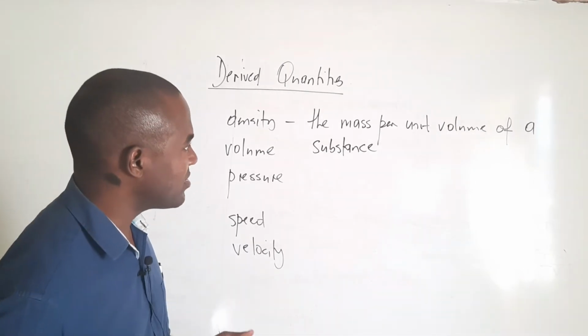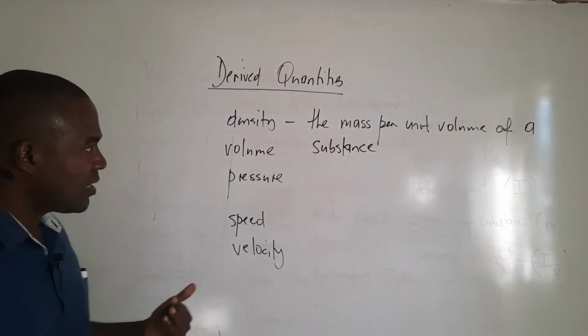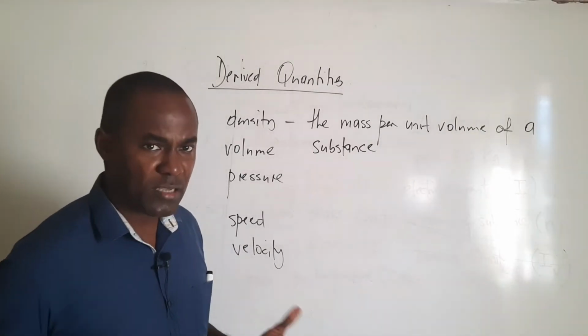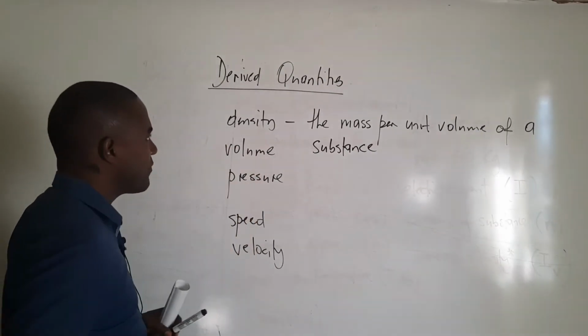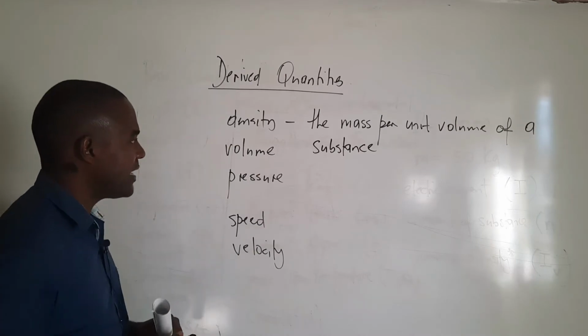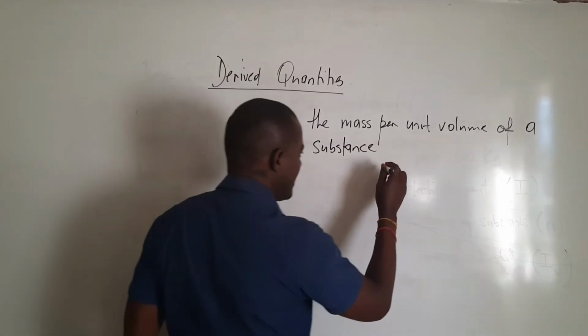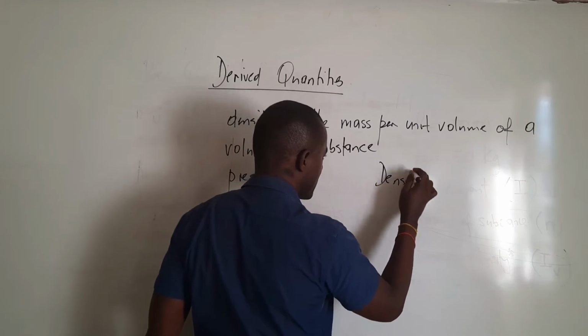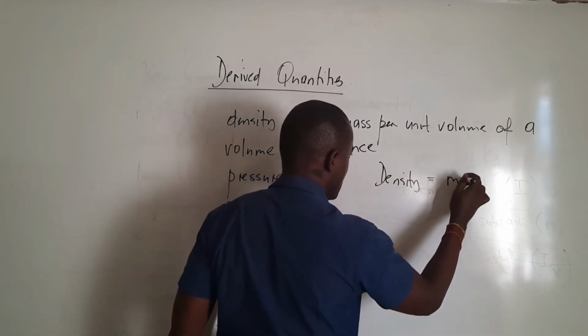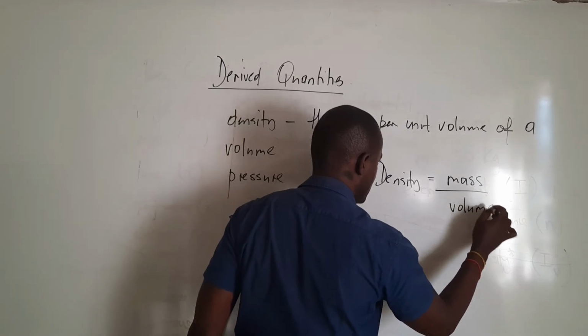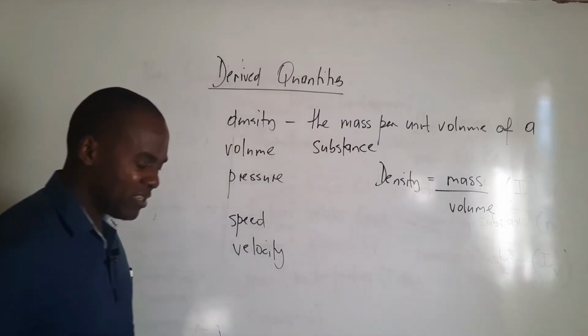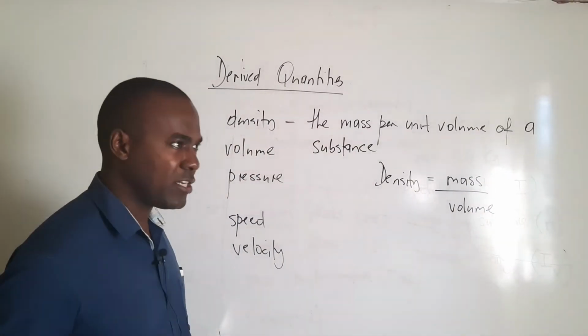So if you're asked to give a definition for density, it's supposed to be a worded statement, not an equation. So what is the defining equation for density? We can write that density equals mass divided by volume, right? So this is the defining equation for density.